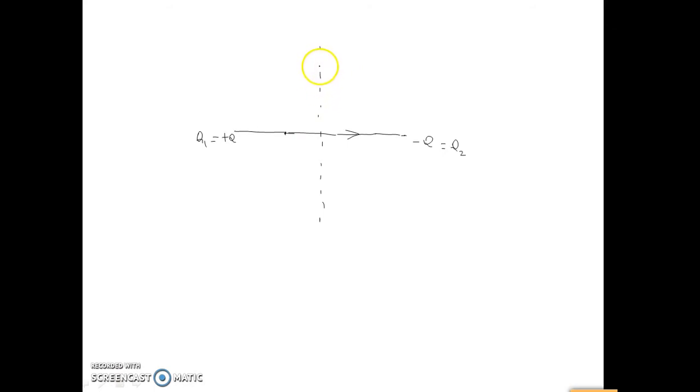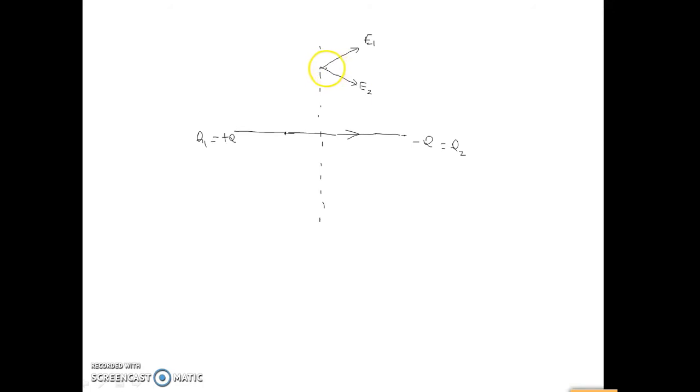At any point on the perpendicular bisector of this line, the electric field at this point due to Q1 is in this direction, and due to Q2 is in this direction. It has the same magnitude, but the direction is as indicated here.